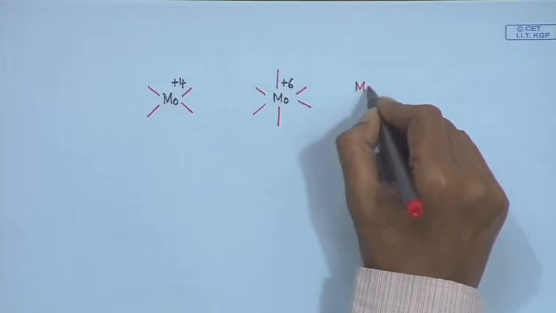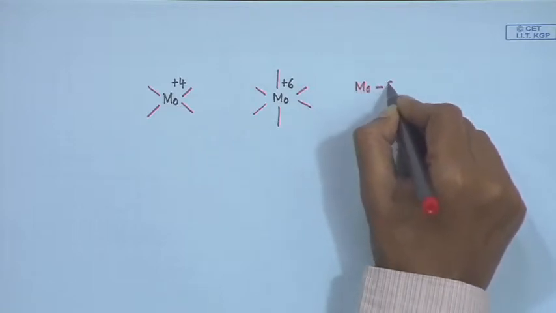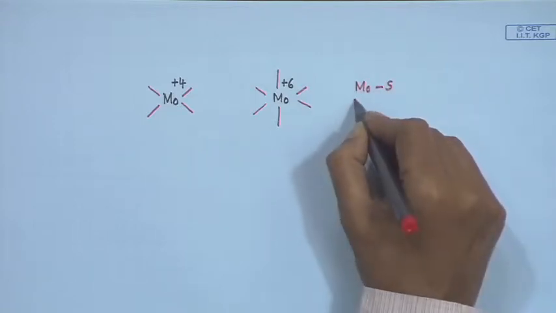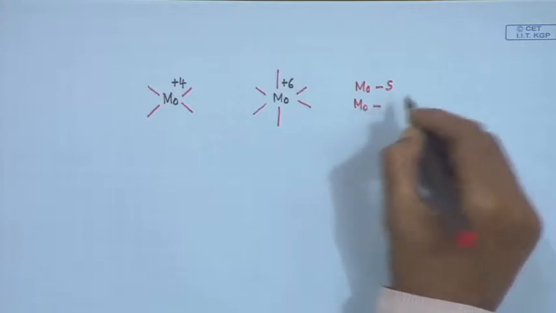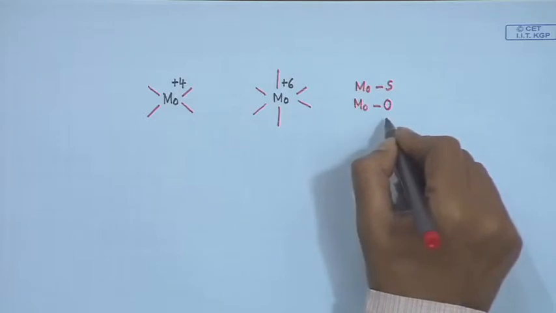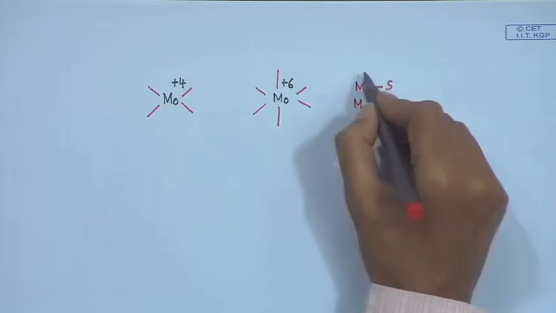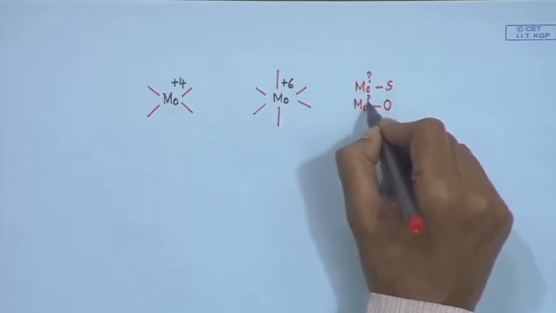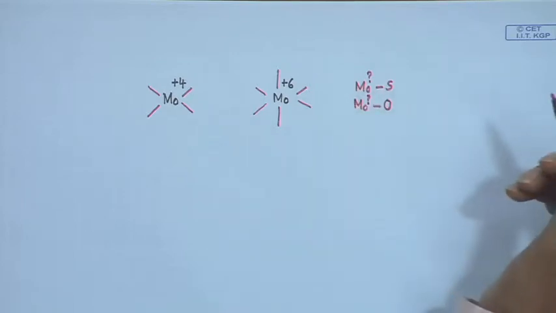because if we just consider when X-ray structures are known, the corresponding bond distances for molybdenum-sulfur, molybdenum-oxygen and other groups are different for these two different oxidation states, whether it is +4 or +6.